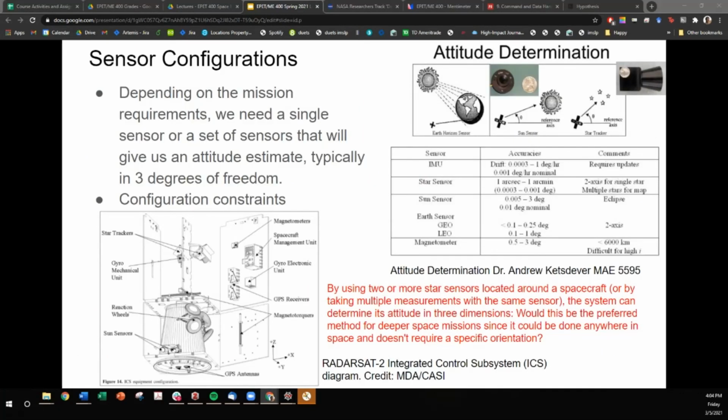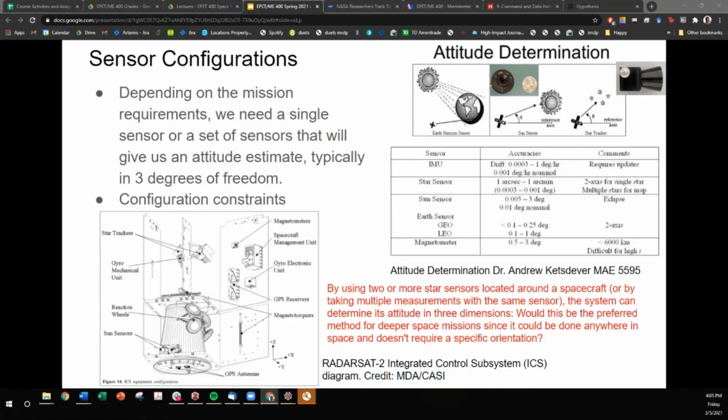Okay, sensor configurations. So earlier we talked about picking particular sensors, and I discussed how in HiTi we have all of them. I'll take note that it would be nice to get 3 degrees of freedom from your attitude sensors.